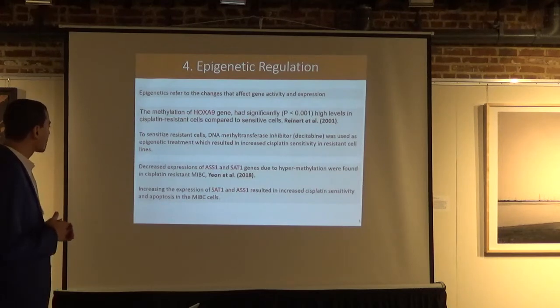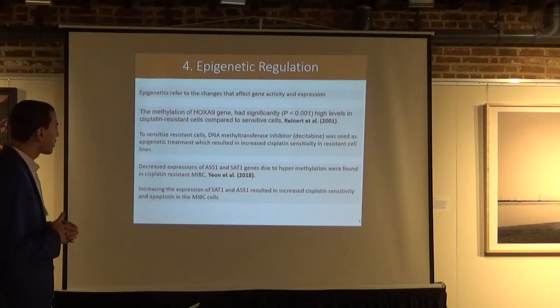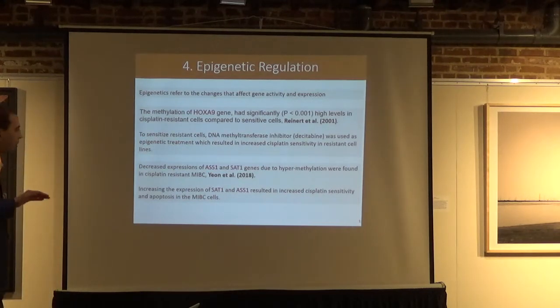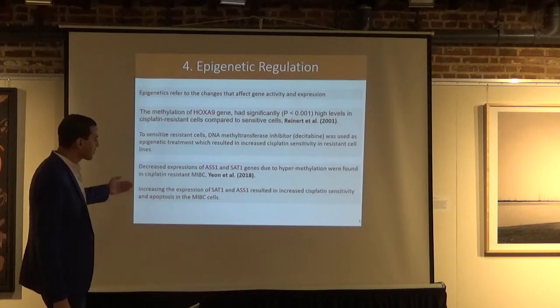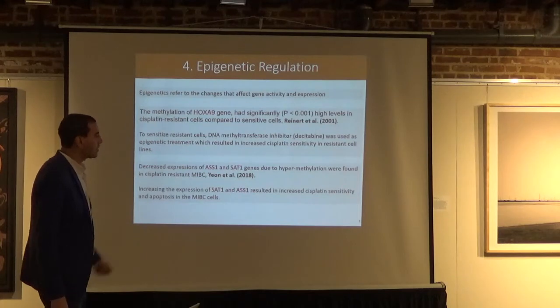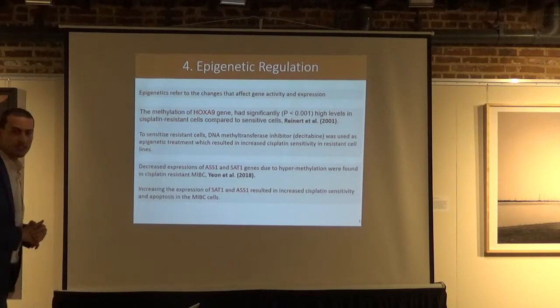Also, decreased expression of two genes, ESS1 and SET1, due to hypermethylation, was found in cisplatin-resistant muscle-invasive bladder cancer. And decreasing the methylation and increasing the expression of these two genes resulted in increased cisplatin sensitivity.